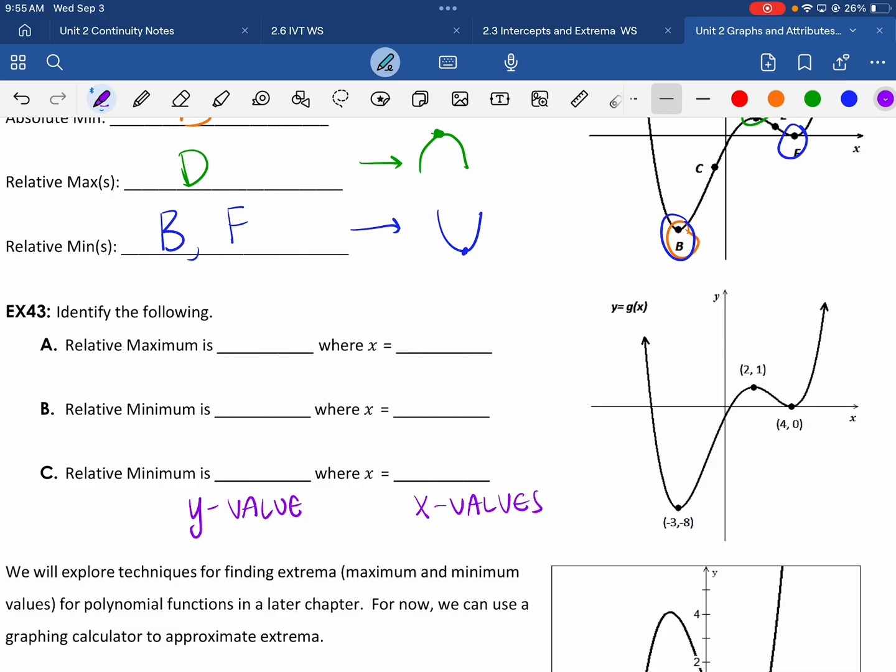So if you were coming across a question like the relative minimum is, and then A, B, C, D, and they were just one single number, they're talking about the y value. What is the minimum value this graph is going to, or the maximum? If it says, where is there a max or min, then you're talking about the x value. So I just want you to be aware of that vocab. If you want, you can just put the whole coordinate point and then cover both x and y.